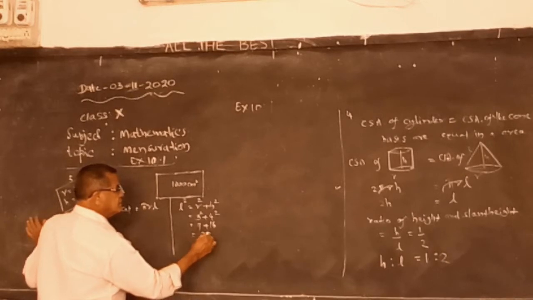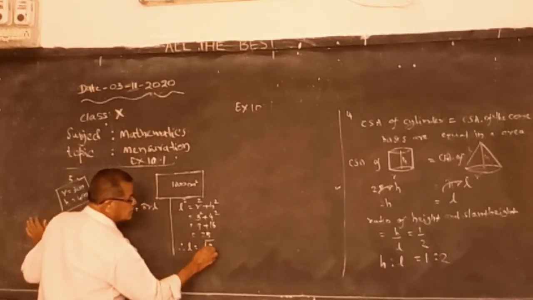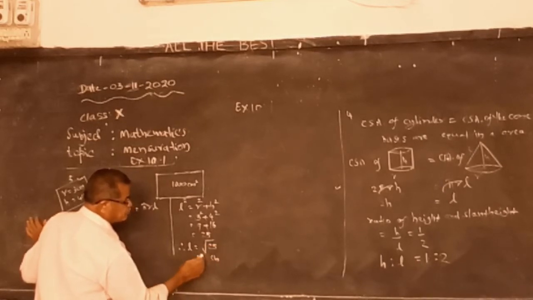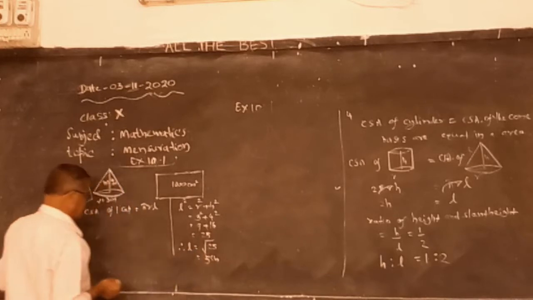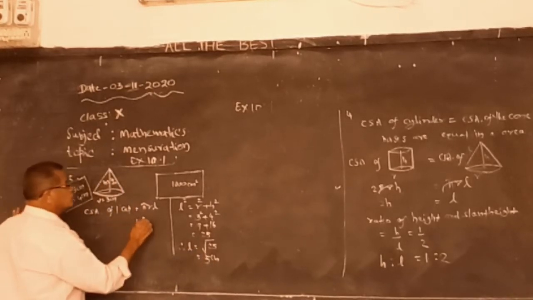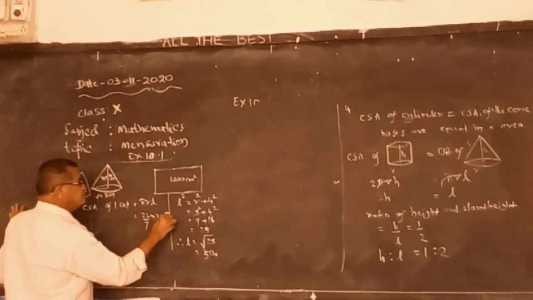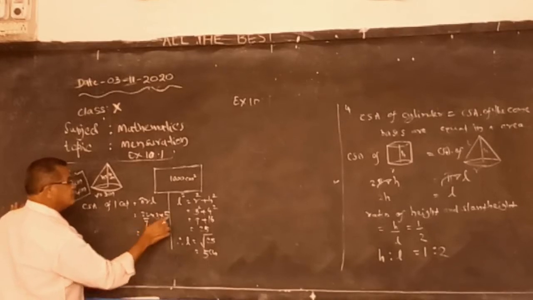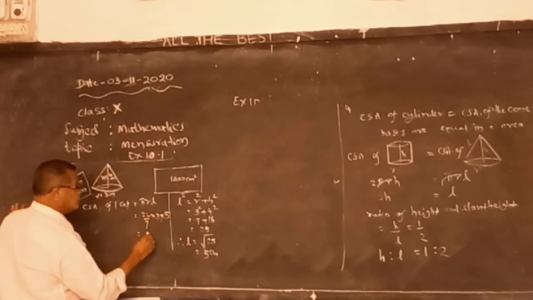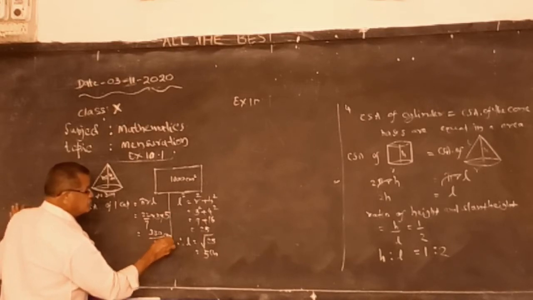So L is equal to under root 25, that is 5 centimeters. Now simply substitute 22 by 7 into radius 3, L 5. It is not cancelled, multiply. 15, 330 by 7 cm squared.